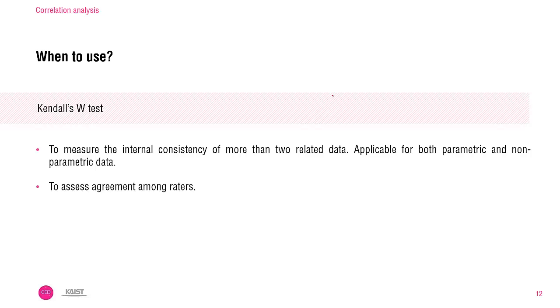So, as we learned, the Pearson correlation coefficient R assumes the normal distribution. And the Pearson correlation analysis only compared 2 sequences of outcomes at a time.